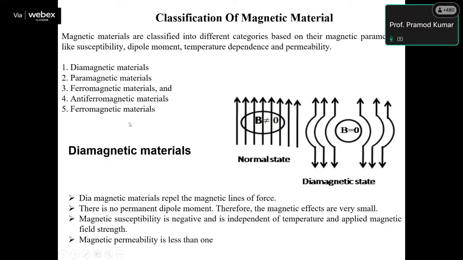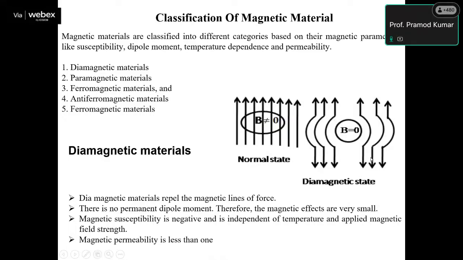And if we talk about the properties of the diamagnetic material, if you look here, this is the normal state, where all these dipoles are oriented in one direction. When the magnetic field is applied, just try to look. In this material, a magnetic field is generated in such a way that it opposes the external magnetic field.